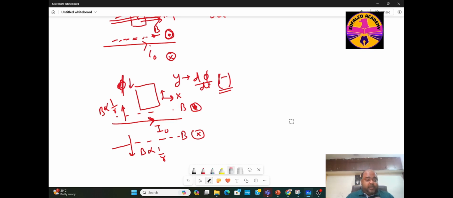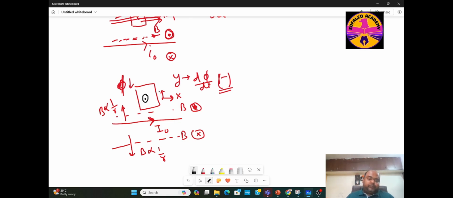So as I already said, if we look at it here, in this particular loop, the magnetic field is basically coming out of the plane of the paper.